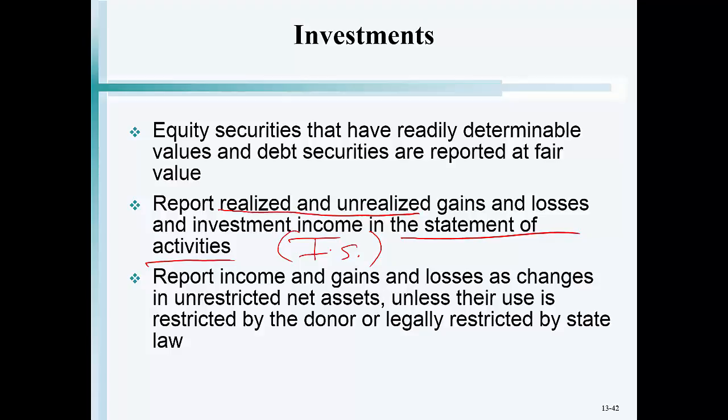What should we do? Good. We recognize a gain or loss by debiting or crediting the security. If it was a gain, let's say we would debit the security and what would we do with the credit? Has to be credit. It's a gain, isn't it?